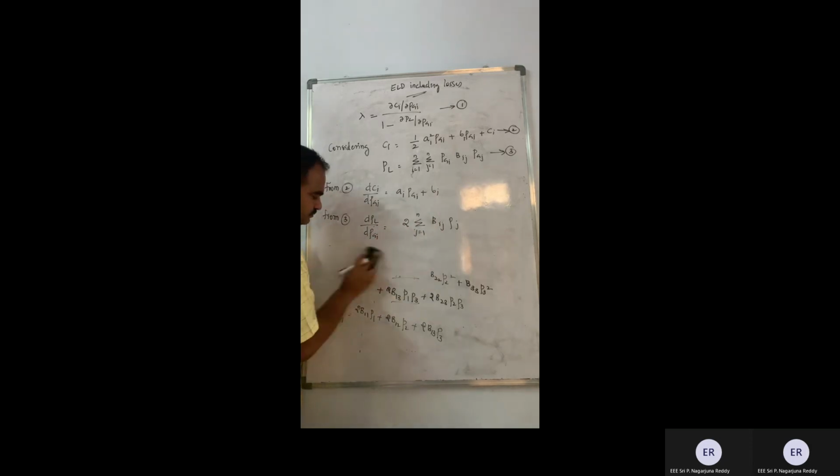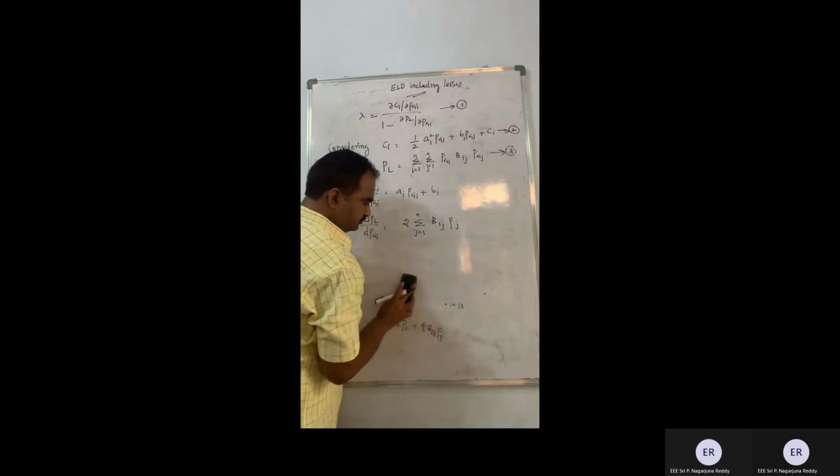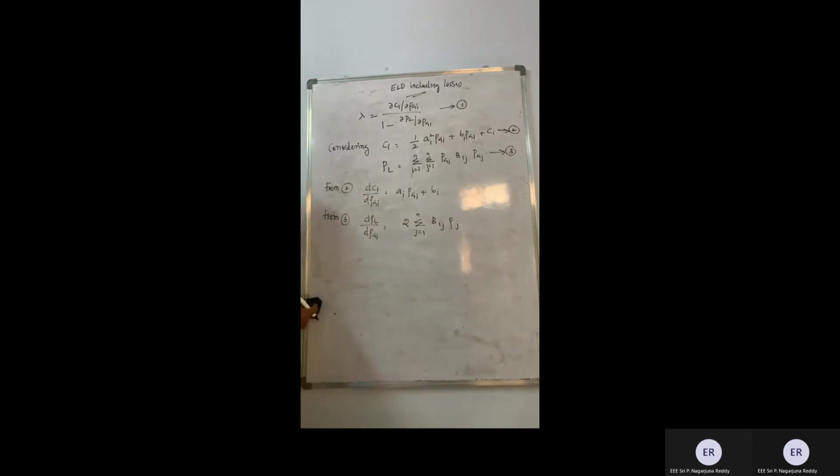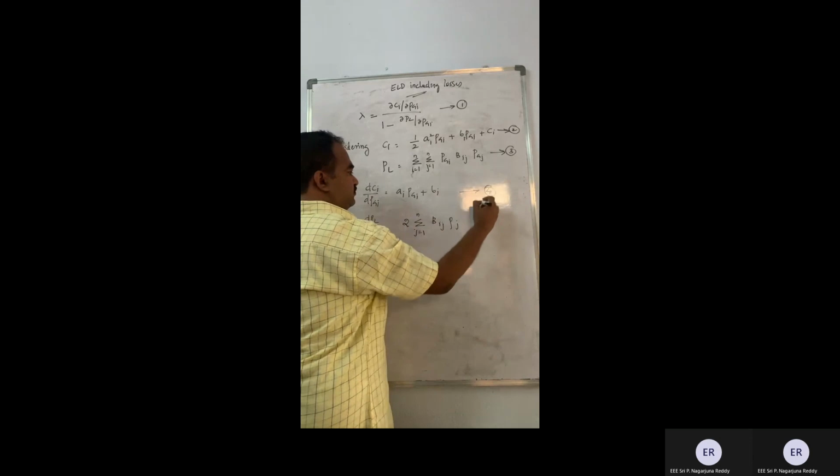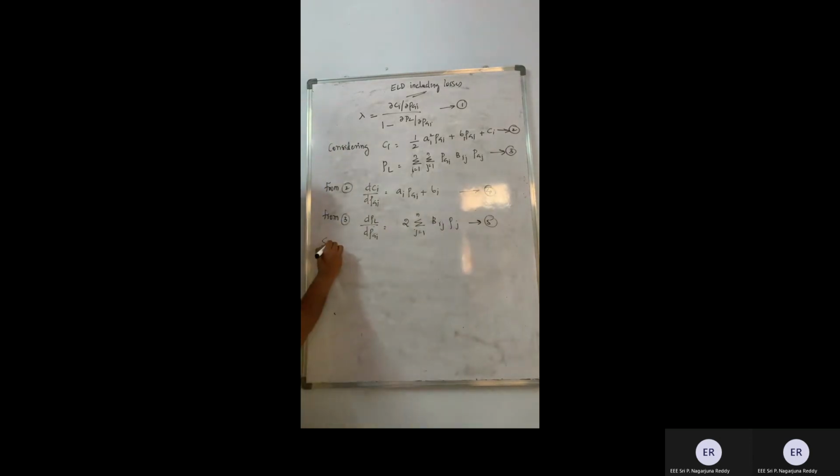Now, substituting these equations 4 and 5 in equation 1, lambda is equal to 1 minus 2 sigma j equal to 1 to n Dij.